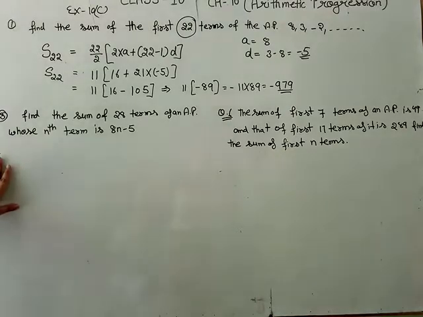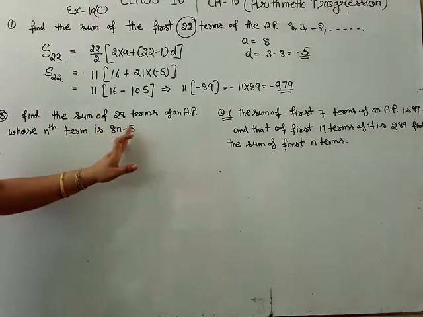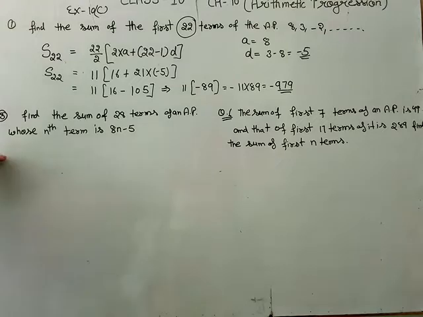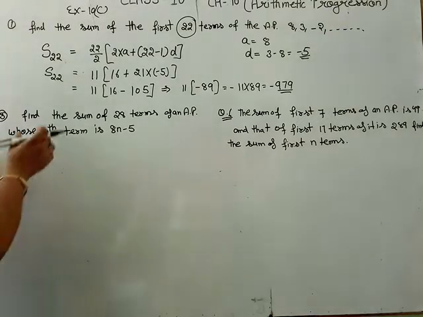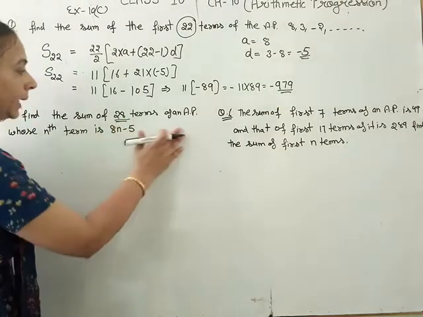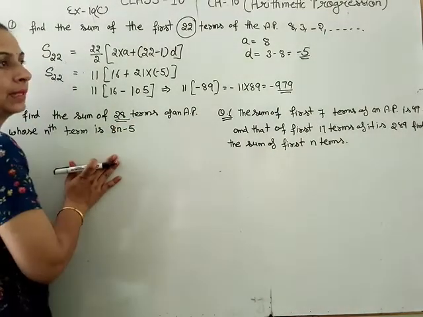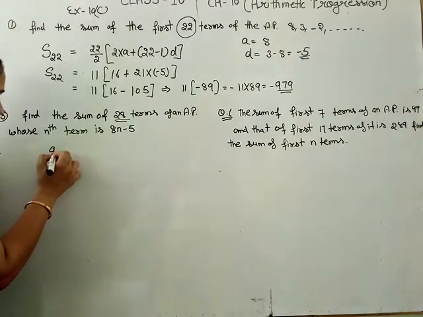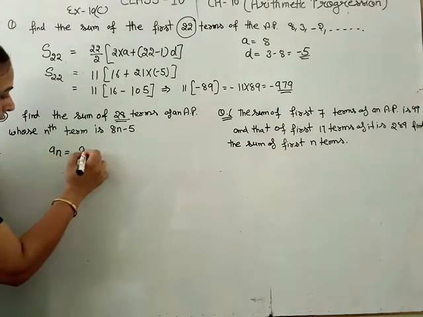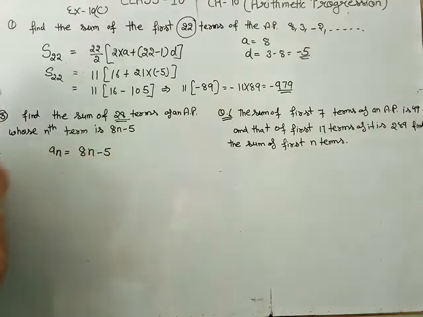The next question: find the sum of 28 terms of an AP whose nth term is given. Students, we find the sum of 28 terms, and the AP is not given, but the nth term is given. So we write the nth term a_n equals 8n minus 5.